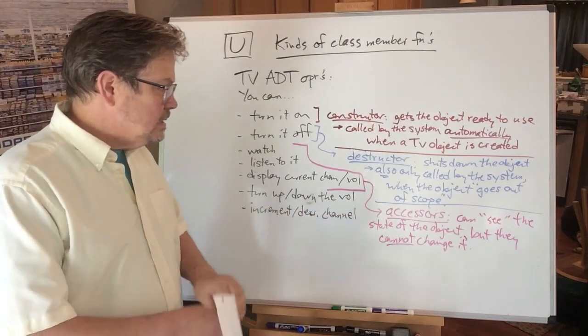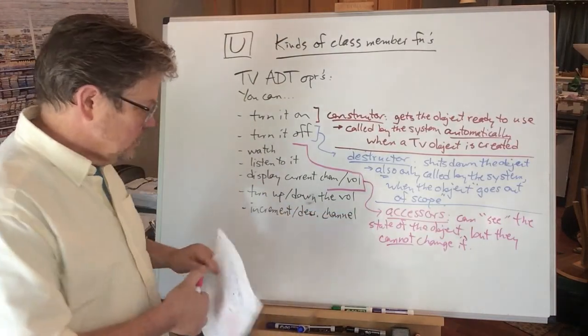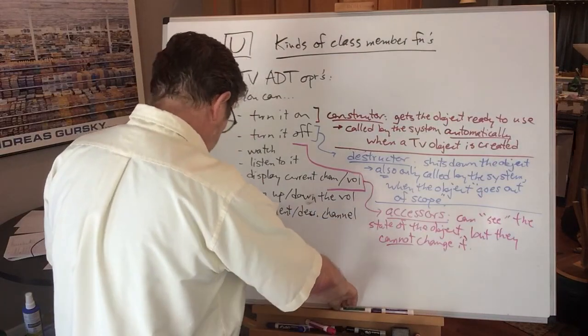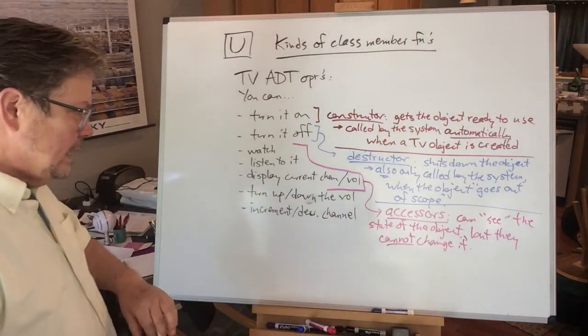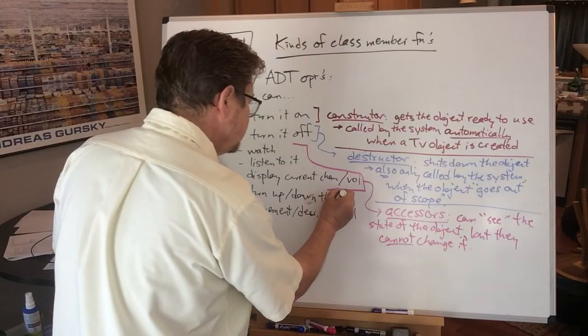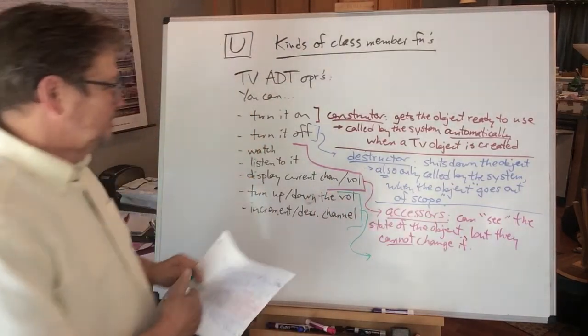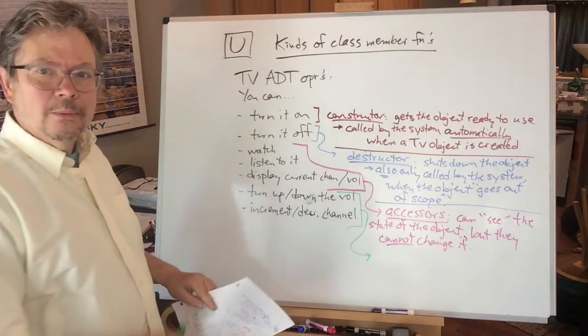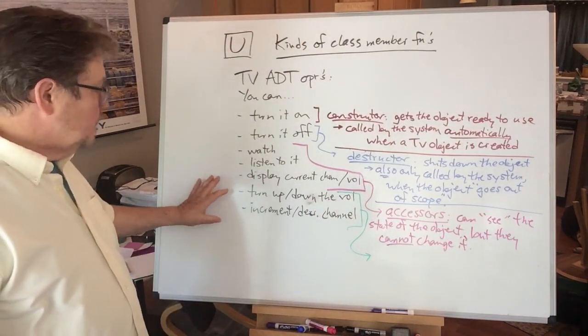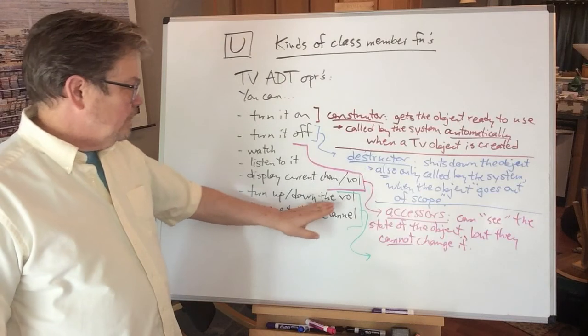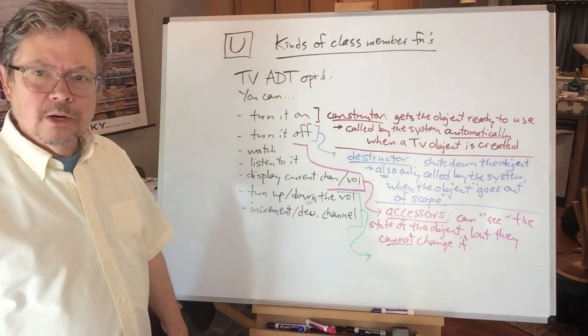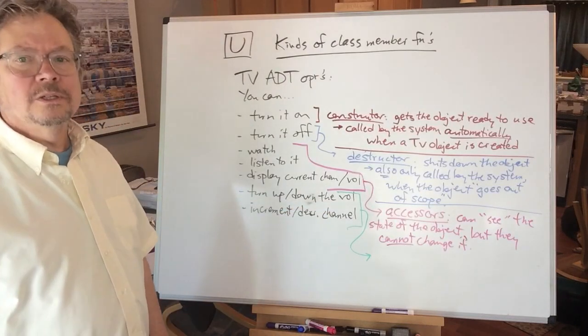Accessors can only see. And I haven't used green, so I shall use green for the last two. What are these last two? This is not at all how I planned, by the way, but I hope it's still legible. These last two, turn the volume up, turn the volume down, increment or decrement the channel, those do change the state of the object.